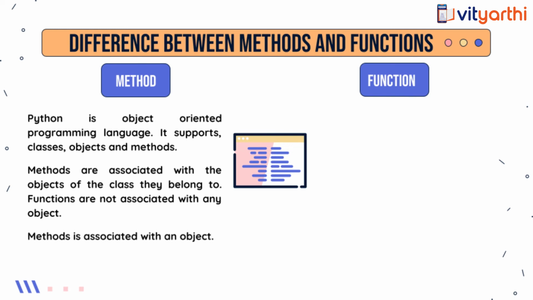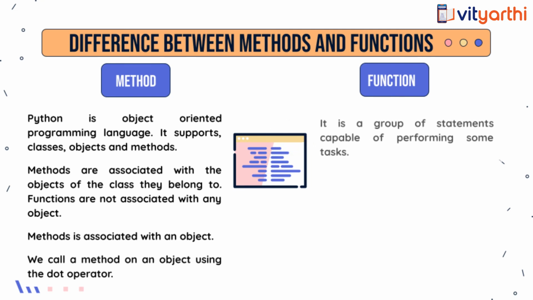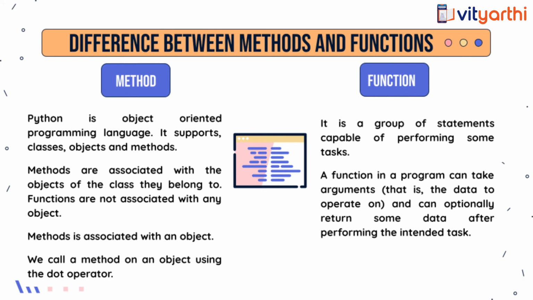Methods are associated with an object. We call a method on an object using the dot operator, whereas a function is a group of statements capable of performing some task. A function in a program can take arguments, that is, the data to operate on, and can optionally return some data after performing the intended task.